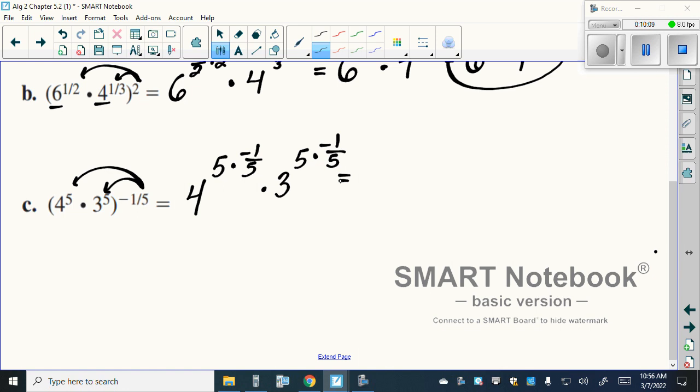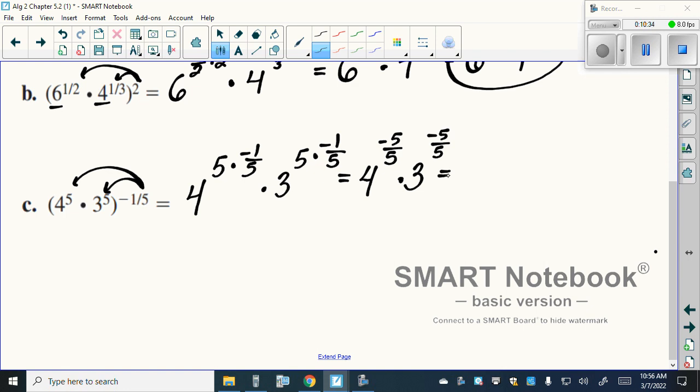Because again, with the power of a product, we're able to apply that exponent to all the terms inside. Our 5 times negative 1/5 would be negative 5/5.